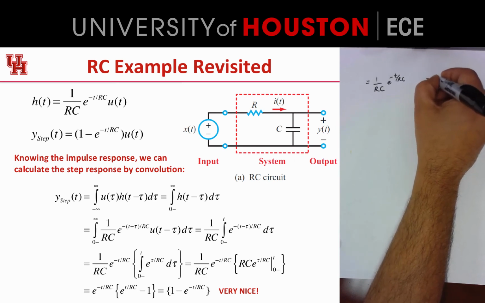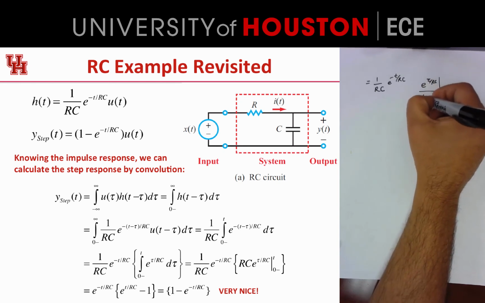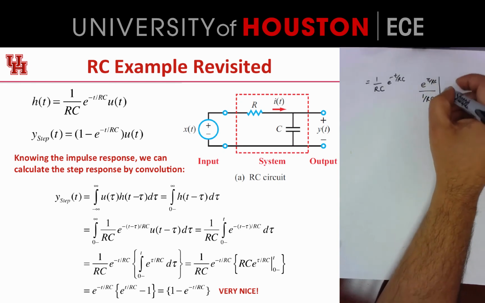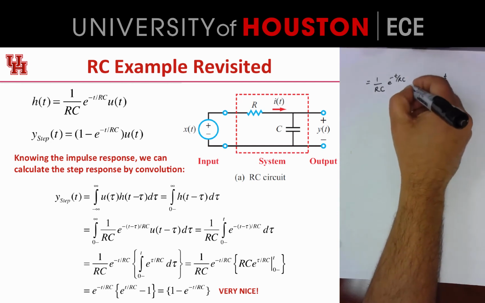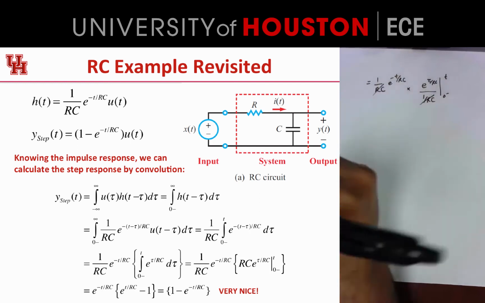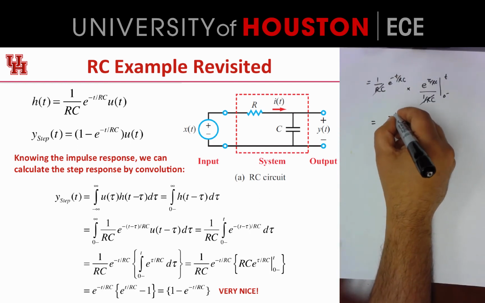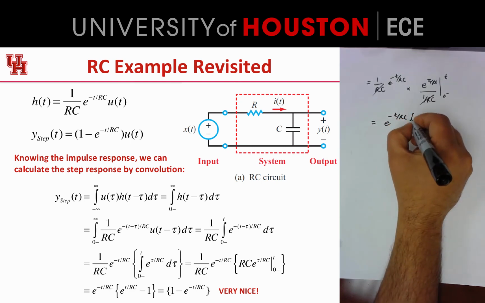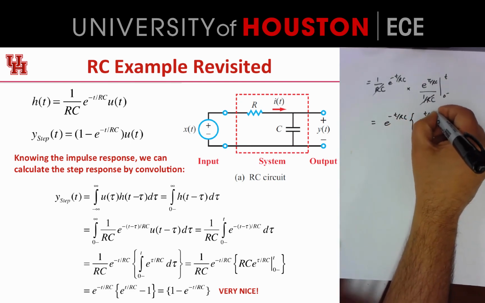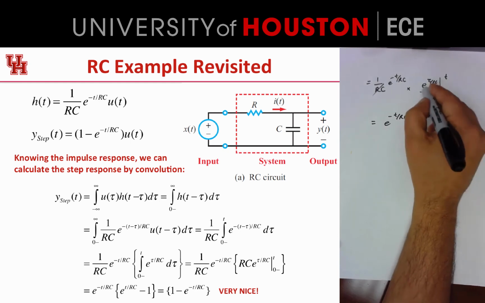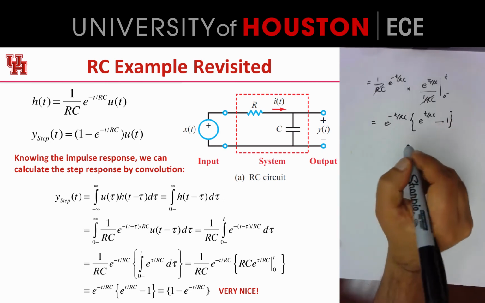tau over RC, divided by 1 over RC, and this goes from this limit to this limit. Now I can directly cancel these two, and the answer is e to the minus t over RC times e to the t over RC minus e to the 0 minus, which is essentially 1.